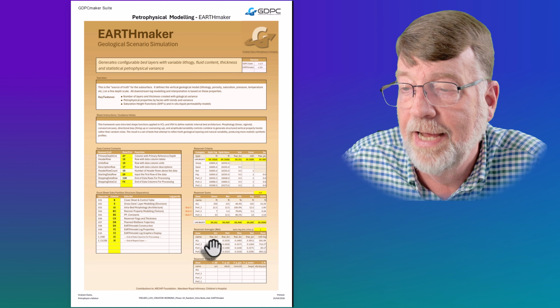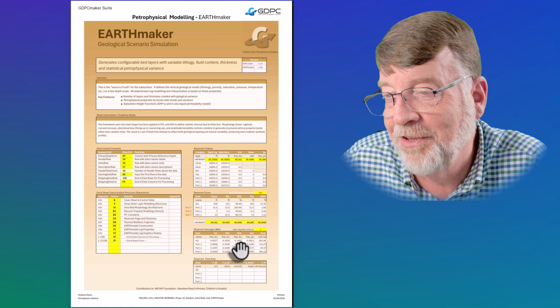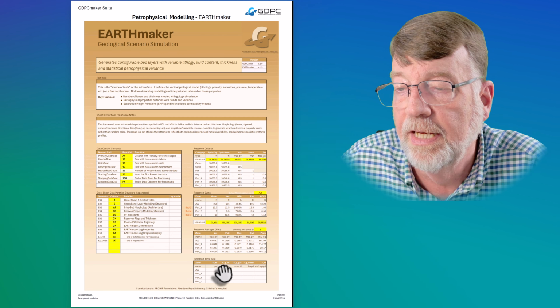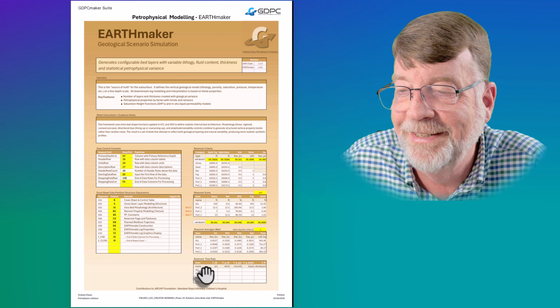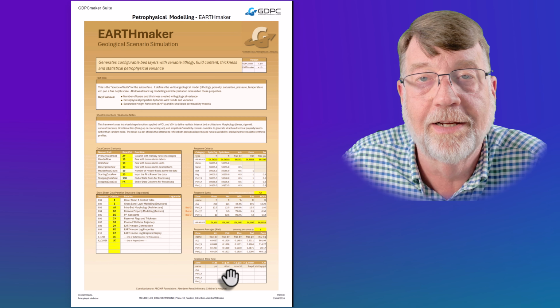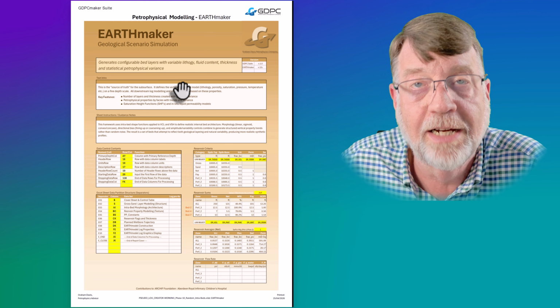So here I'm averaging the average V clay, phi T, phi E, for those who like that sort of thing, and SWT and a permeability. I haven't populated the flow rates as yet, because I haven't brought my FlowMaker code back into the Earth model yet, but this is the EARTHmaker cover sheet.